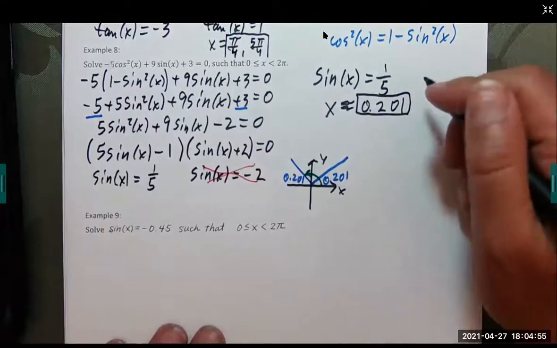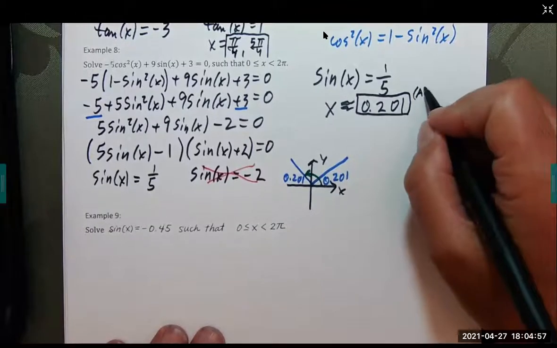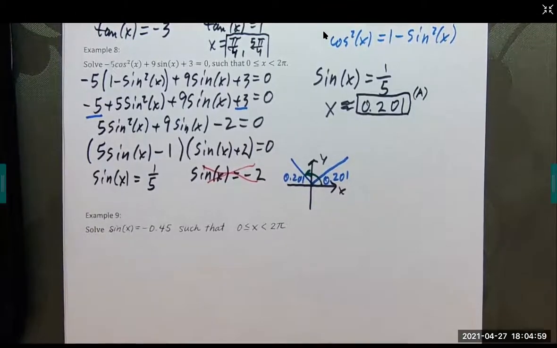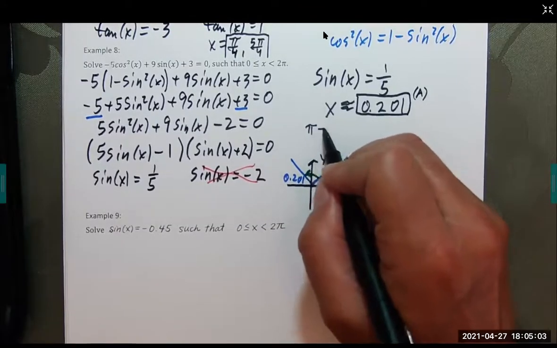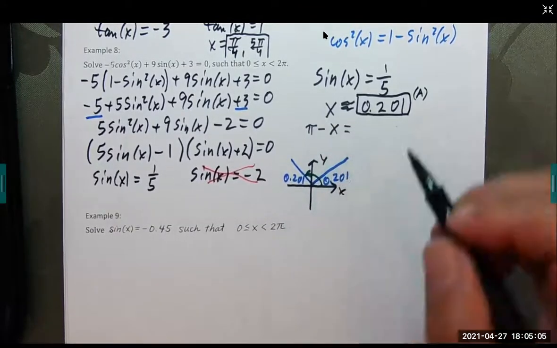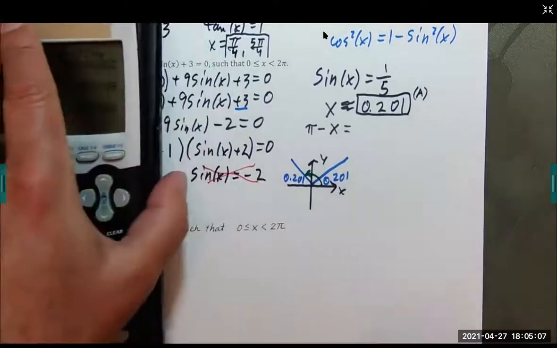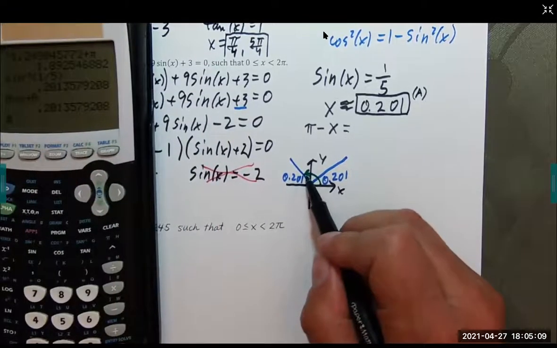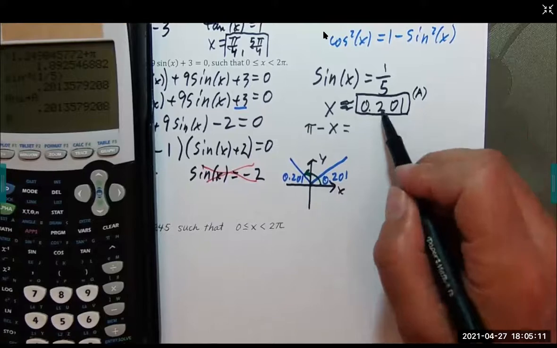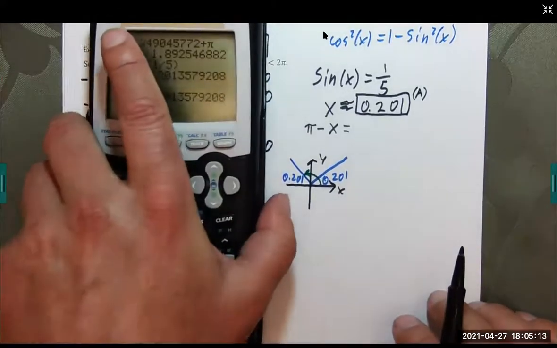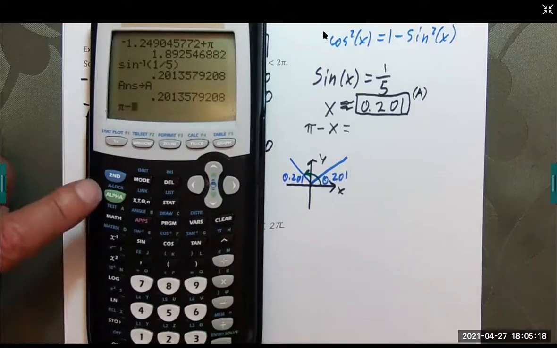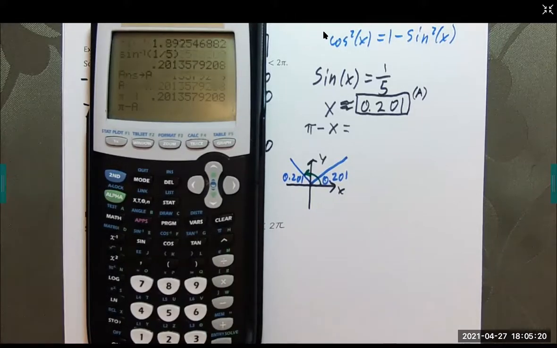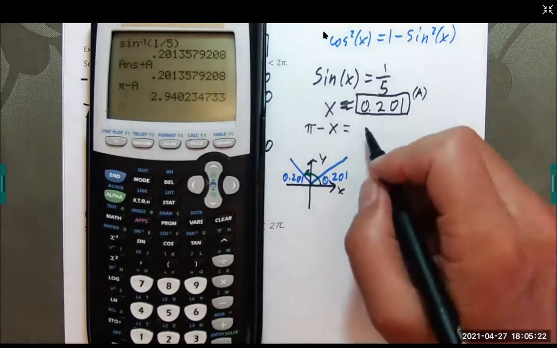What I like to do in my notes is mark up where I stored it. So now I'm going to do pi minus x. That'll go pi all the way around and then minus this angle here, this 0.201. So here we go: pi minus alpha A. There it is, quadrant 2.